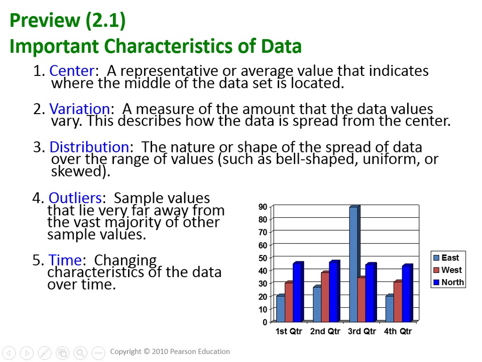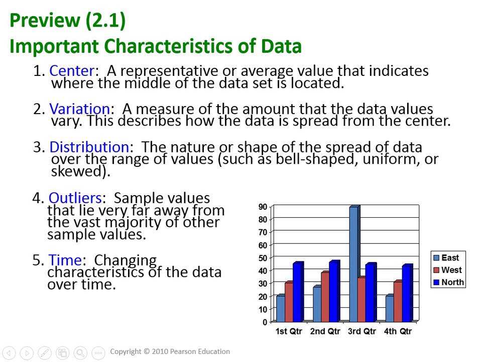Each one of these, when you look at data, will be things that we have to consider, understanding what we're doing with them and what's happening. Almost each one of these will be things that we'll focus on. Looking at changing characteristics over time, we'll keep an eye on that one, but it's not as big of a focus as each of these other pieces.